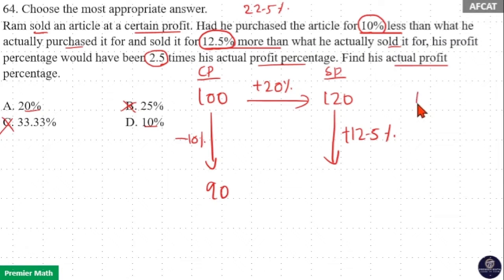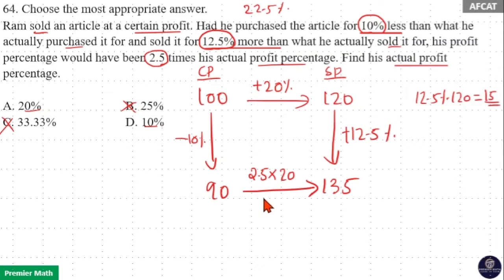That means 12.5% of 120 is equal to 12 plus 1 by 4 of 12, that is equal to 15. So 120 plus 15 is 135. Now you can see, if he purchased it for 10% less and sold it for 12.5% more, the profit will be 2.5 times the original profit of 20. So 2.5 into 20 is 50%.